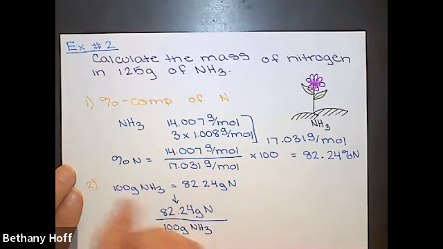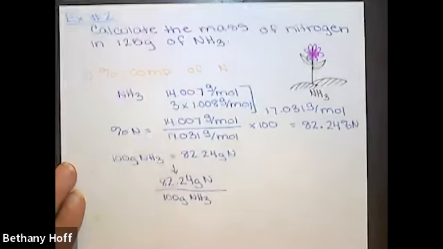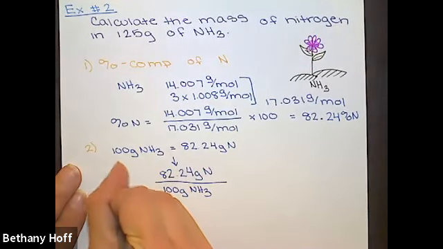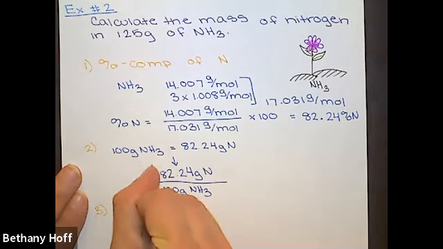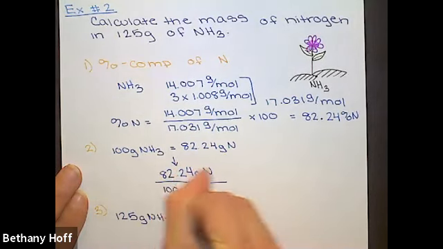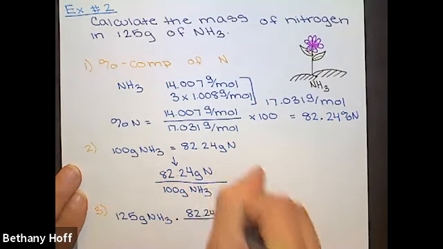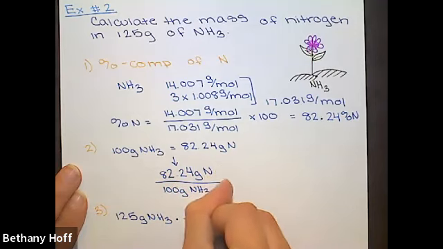Now what we're going to do is solve our problem using dimensional analysis. We start off with what's given in the problem, 125 grams of the entire substance. So 125 grams of ammonia, times 82.24 grams of nitrogen, with my 100 grams of ammonia at the bottom.